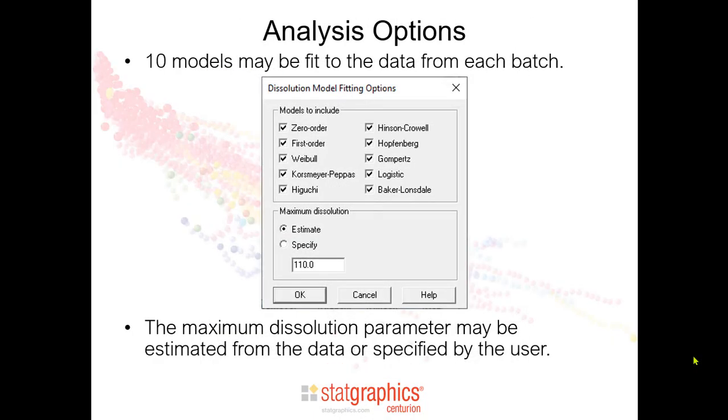I'll then see a third dialog box with analysis options. I can specify up to 10 popular dissolution models to fit to the data from each batch. I can also tell it whether to estimate the maximum dissolution parameter in those models or to use a value that I will specify.